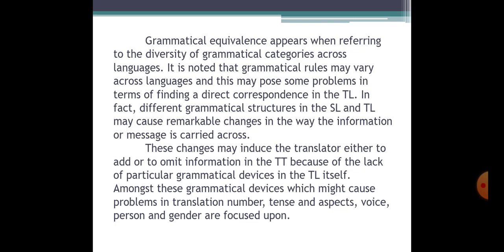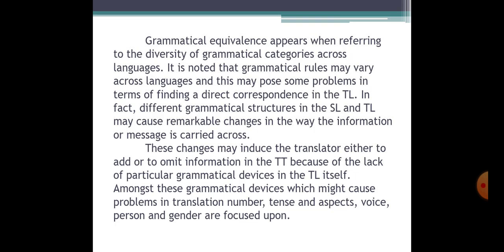Grammatical equivalence appears when referring to the diversity of grammatical categories across languages. It is noted that grammatical rules may vary across languages, and this may pose some problems in terms of finding a direct correspondence in the target language.